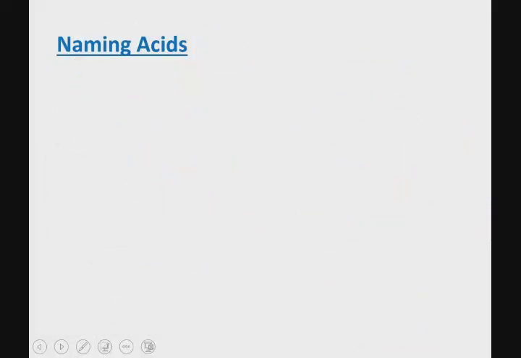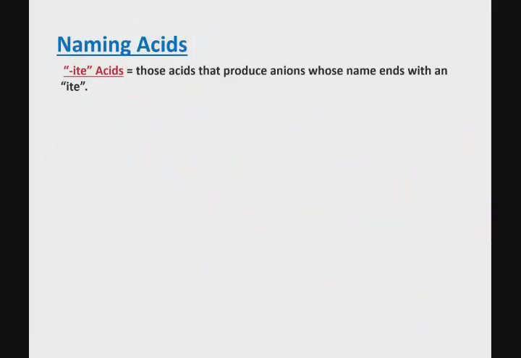Okay. The third category of acids is the -ite acids for naming purposes. These are the ones that make anions whose names end with an -ite. And if you also remember from our previous sessions, whenever the name of an anion ends with an -ite, that is also a polyatomic anion, though there are no exceptions there either.